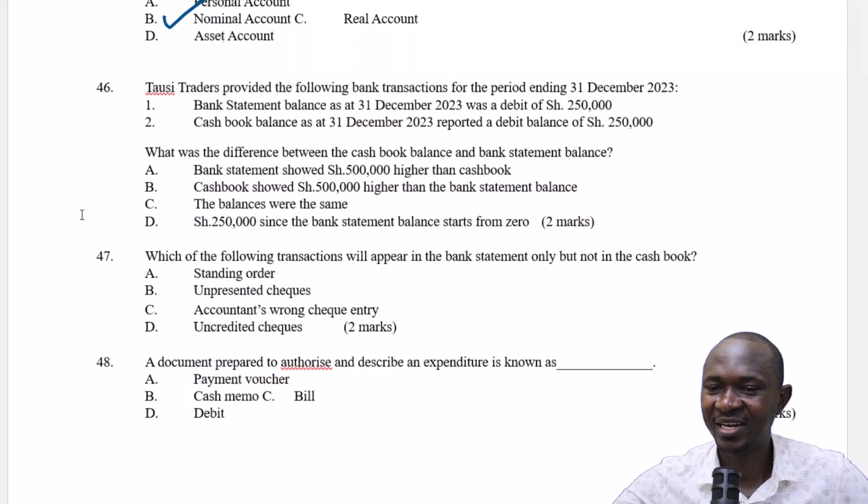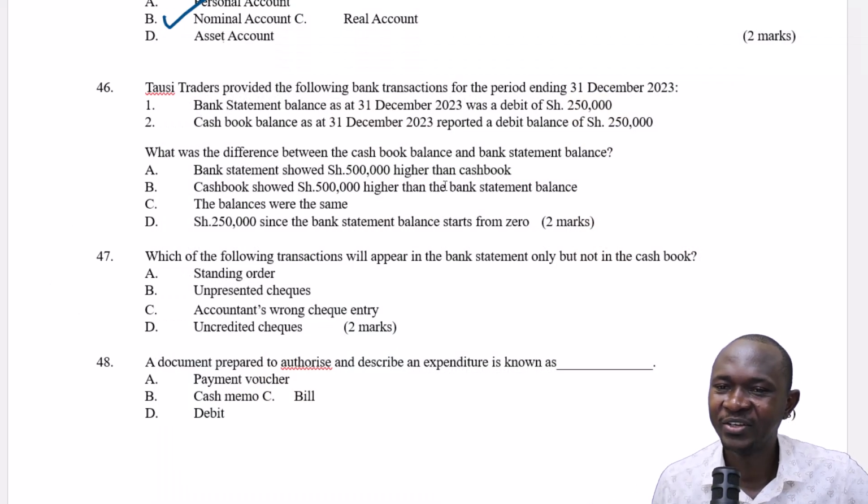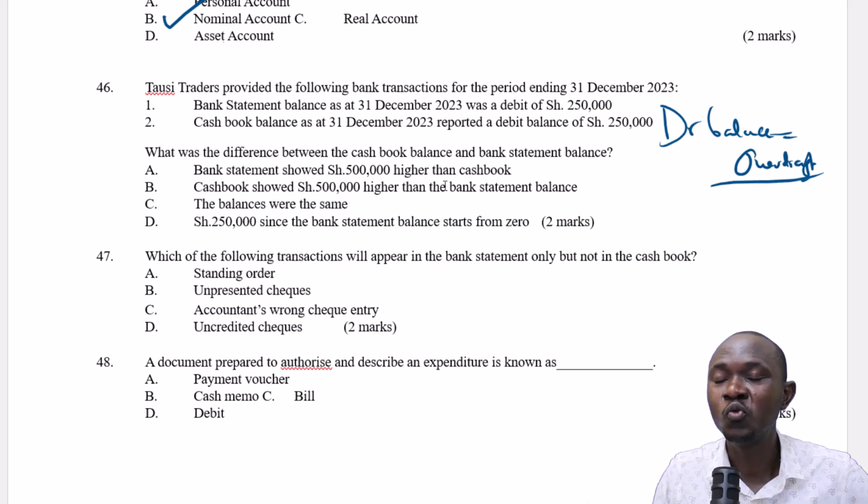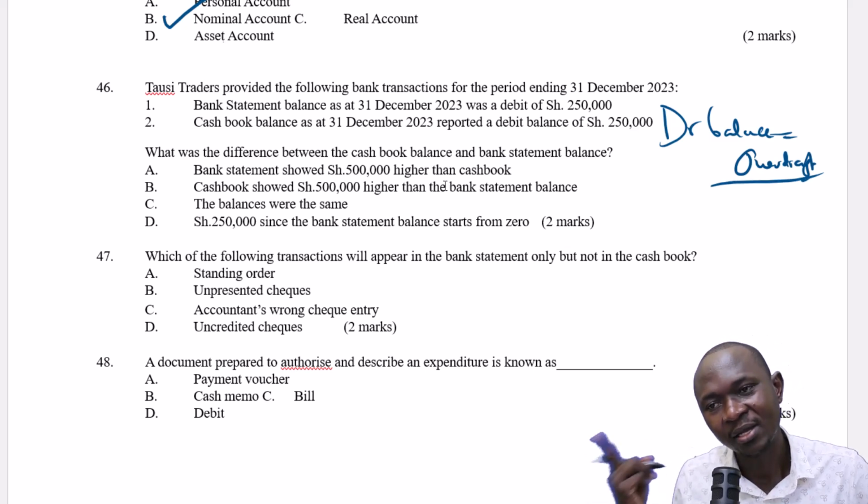It's quite challenging. So, bank statement balance as at 31st December was a debit balance. Now, a debit balance in your bank statement shows that you have an overdraft. So it means you owe the bank 250,000.